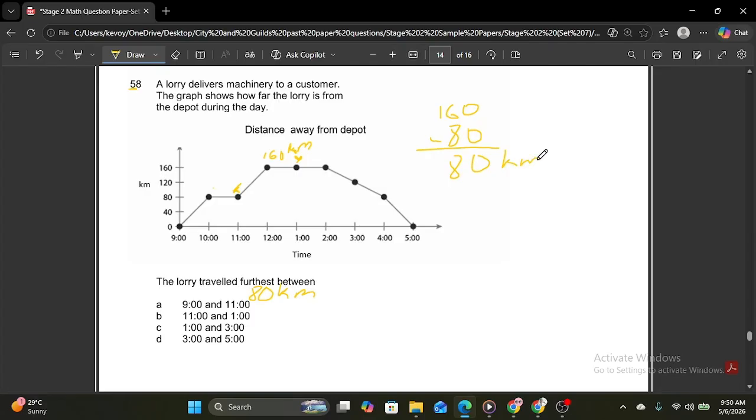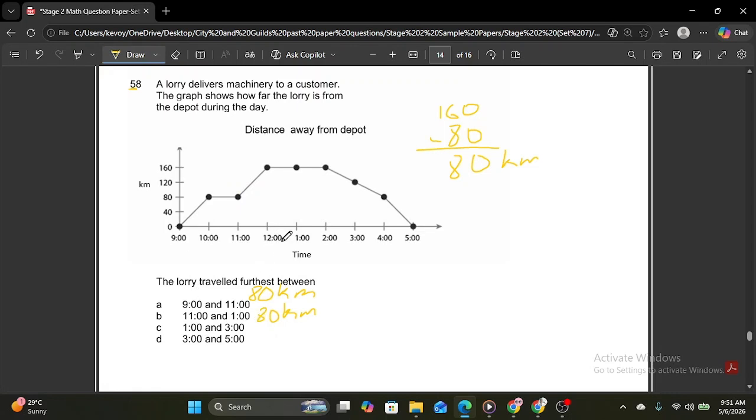So he traveled 80 kilometers between those times. You have to read the question carefully to see what exactly they're asking you for, and you have to look at the chart properly as well.